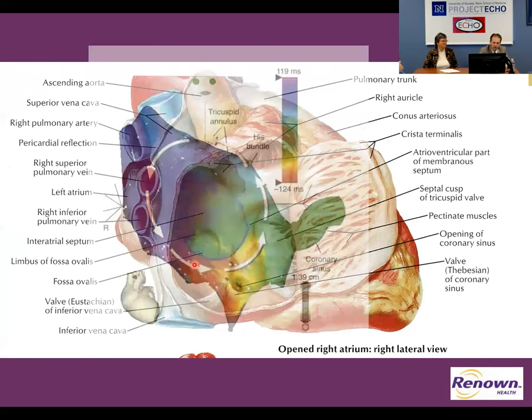What's important about typical atrial flutter, that sawtoothy pattern that we saw, is that it goes through this isthmus between the tricuspid valve and the IVC called the cavo-tricuspid isthmus. And that is where you can make a simple little ablation line and cure this arrhythmia.